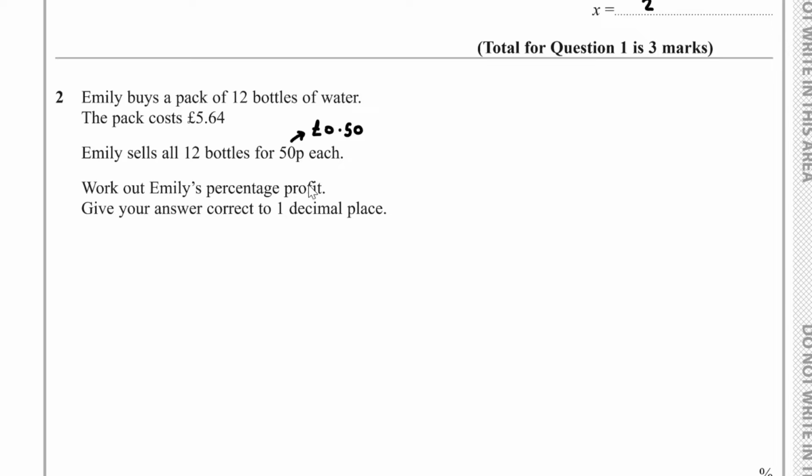Now, if she sells all 12 bottles of water for 50p each, that means she sells 12 times 0.50 worth of bottles. In other words, she sells £6 worth of bottles.